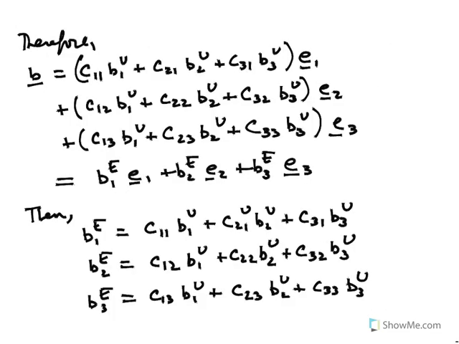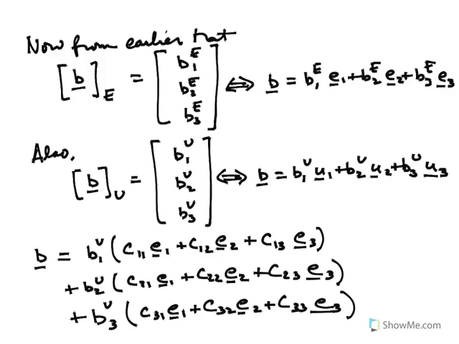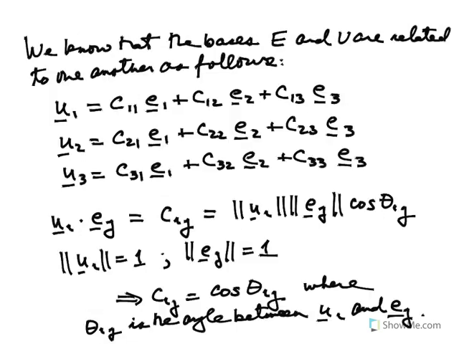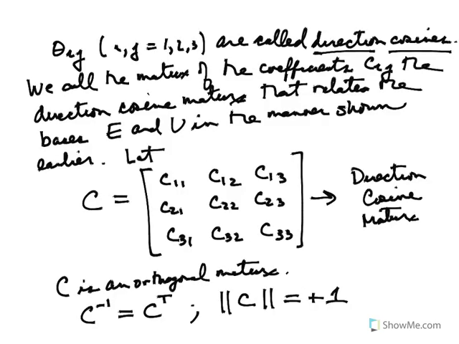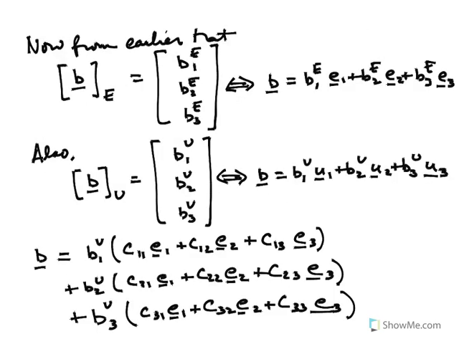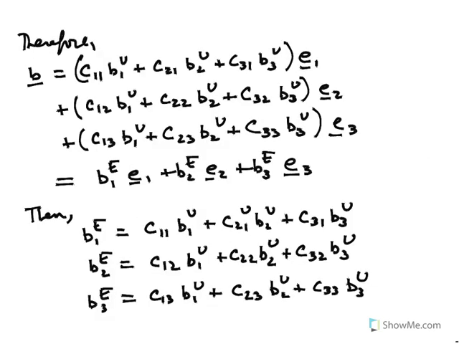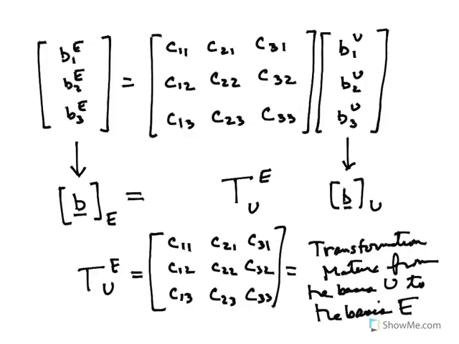Remember that when we did this originally, going all the way back to the beginning, I wrote the basis vectors u1, u2, u3 in terms of e1, e2, e3. Given the way I had ultimately written everything, that led to the transformation from u to e.